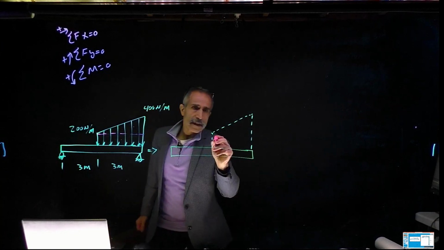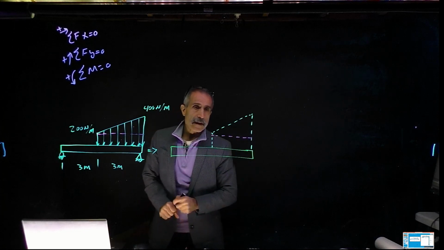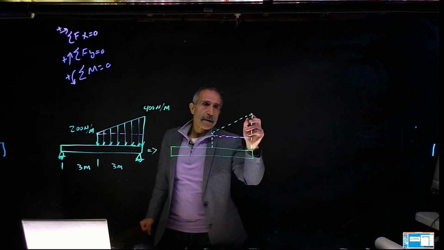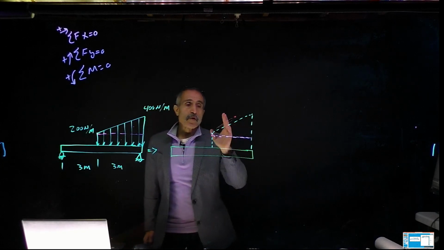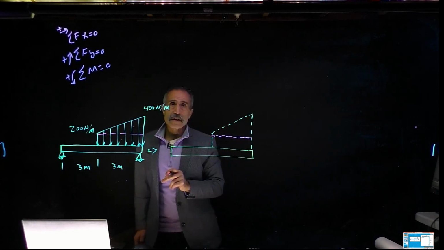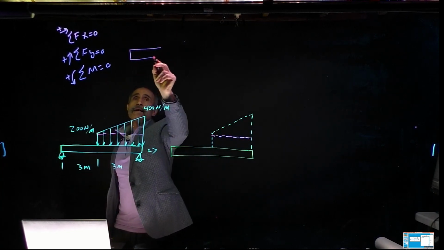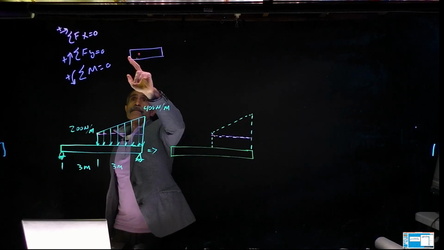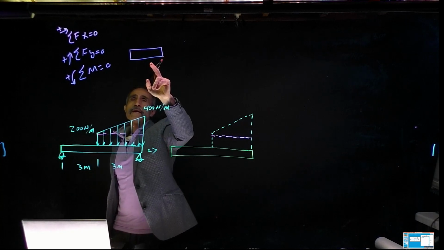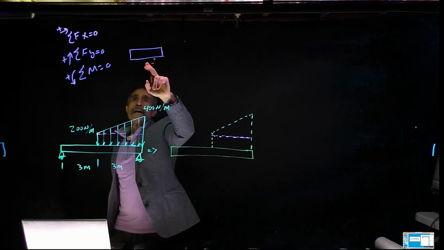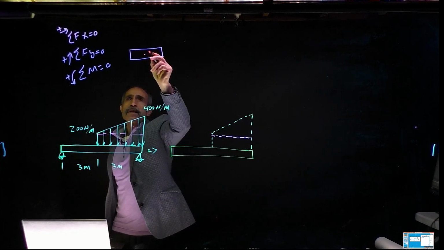So I'm going to come back in here. I'm going to have a rectangle right here, and a triangle up there. The concentrated force for the rectangle is going to be in the middle of the rectangle. The area of a rectangle is W times H, or L times H, this length times this length, and the center of the rectangle is down the center itself.